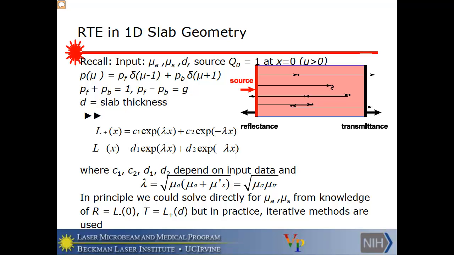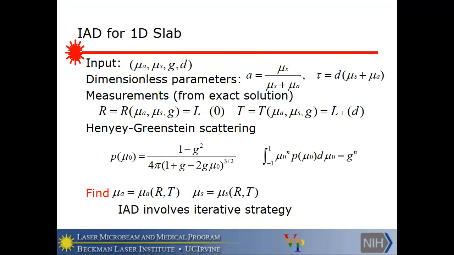At the bottom I say, in principle, you could solve directly for mu A and mu S from knowledge of the reflectance, which is the radiance at 0, and the transmittance, the radiance moving right at the outer boundary on the right, D. There are two unknowns and two constraints to be determined, and you could do that, but in practice, you'll find that an iterative method is used to solve it.